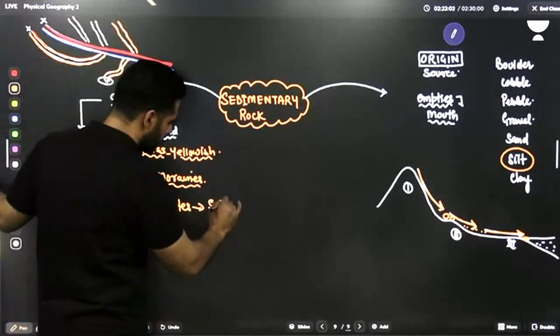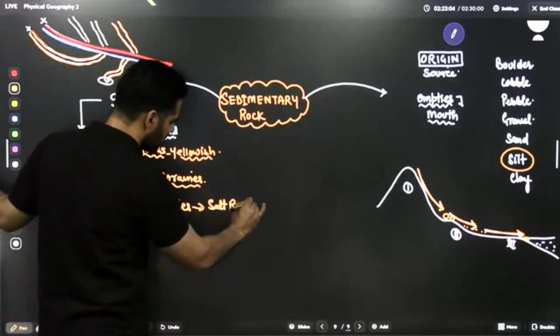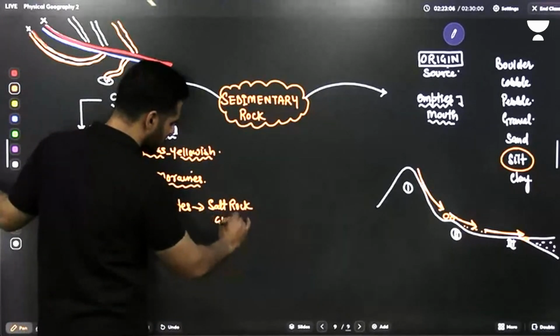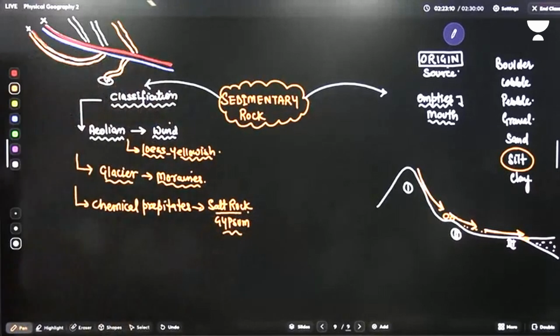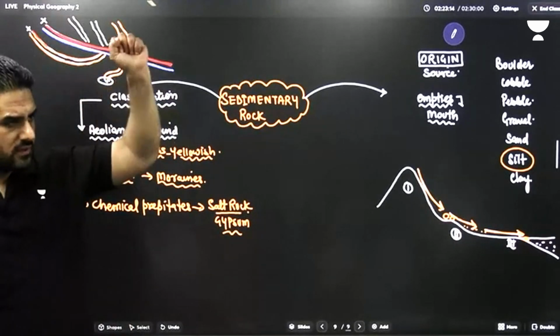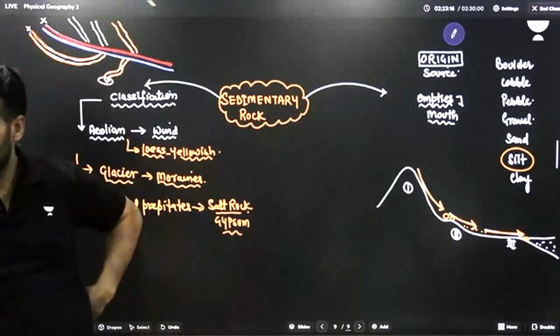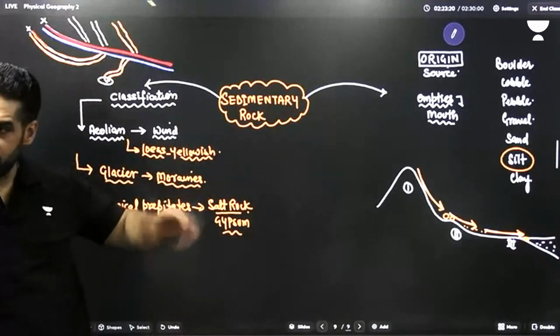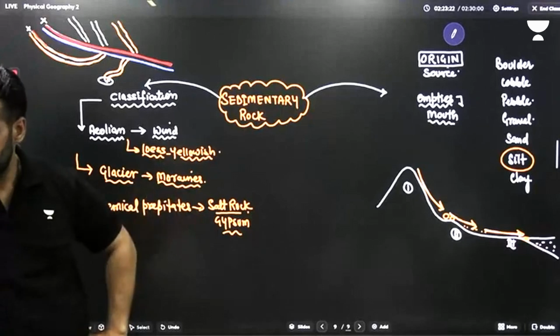चलिए इसको ऐसे समझते हैं. Like salt rock or gypsum. What is gypsum? Calcium sulfate. Now listen. If you have a container in which there is water, if you add salt to it, salt will get dissolved. And what is salt? A solid mineral. Now keep on heating it. There will be evaporation.